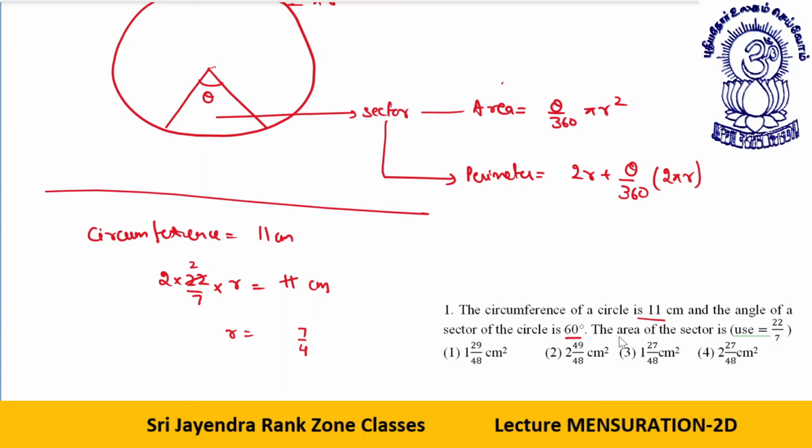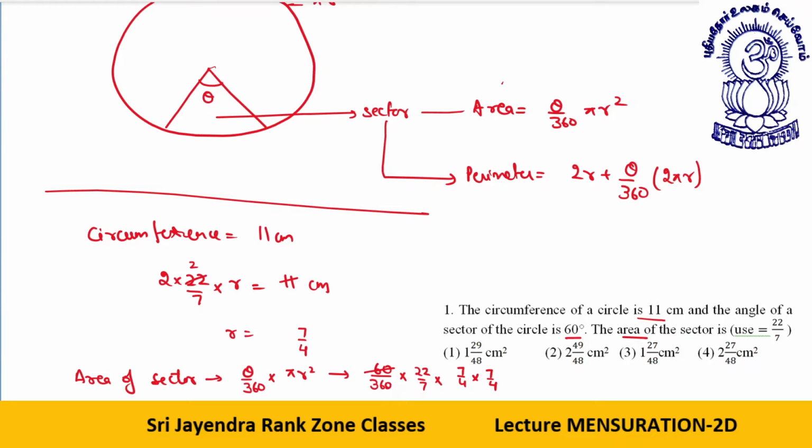This is the radius. Area of sector is theta by 360 into pi r square. That is 60 upon 360 into pi, which is 22 by 7, into r square. R square is 7 by 4 into 7 by 4.